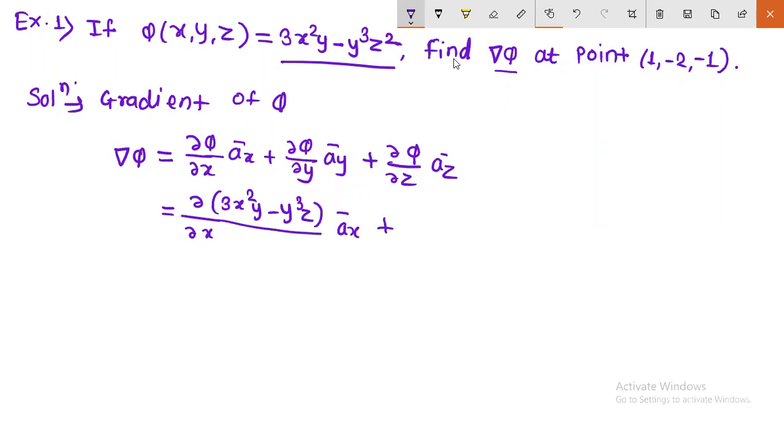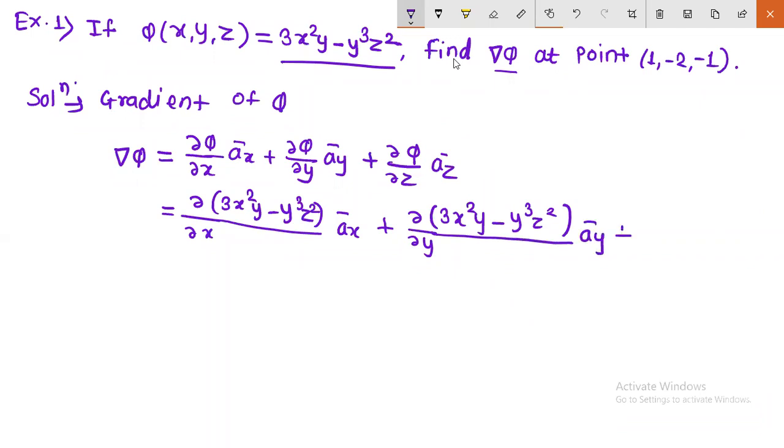Plus del upon del y of phi, again 3x square y minus y cube z square, into unit vector a bar y.